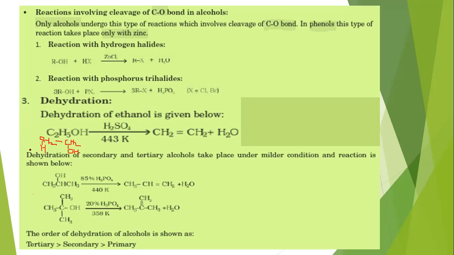So this is C2H5OH, CH3CH2OH. What happens here?